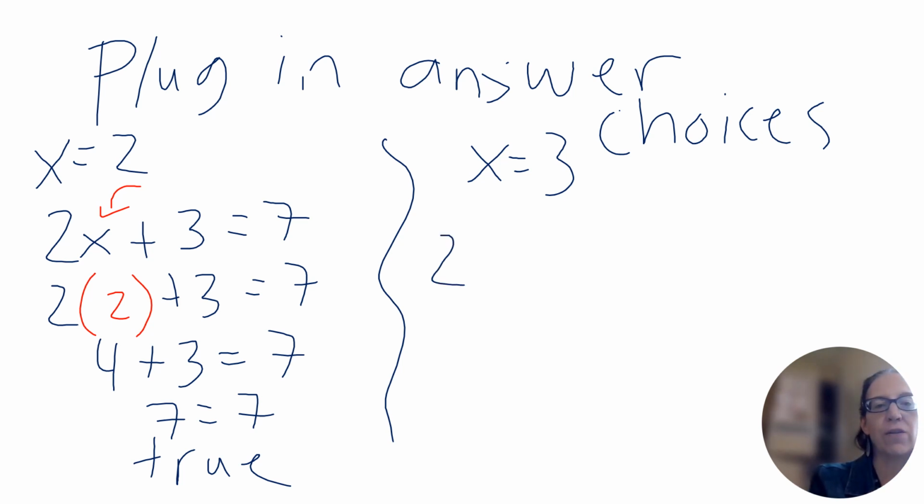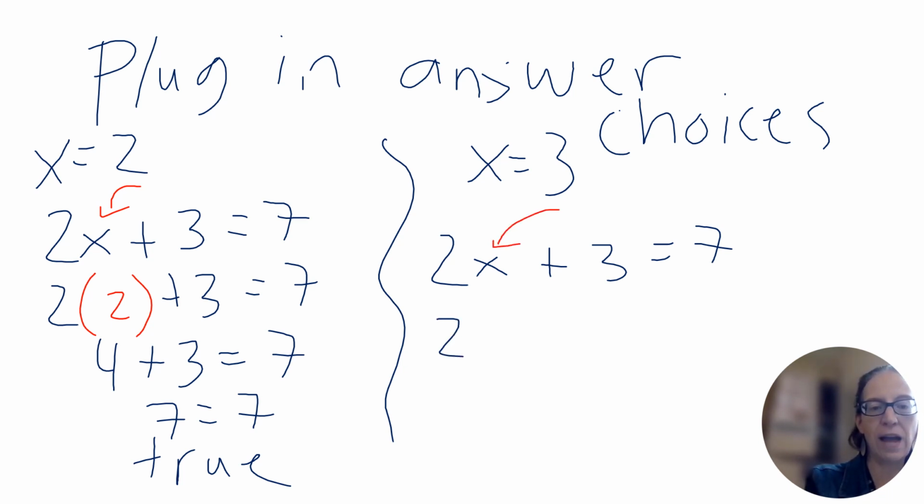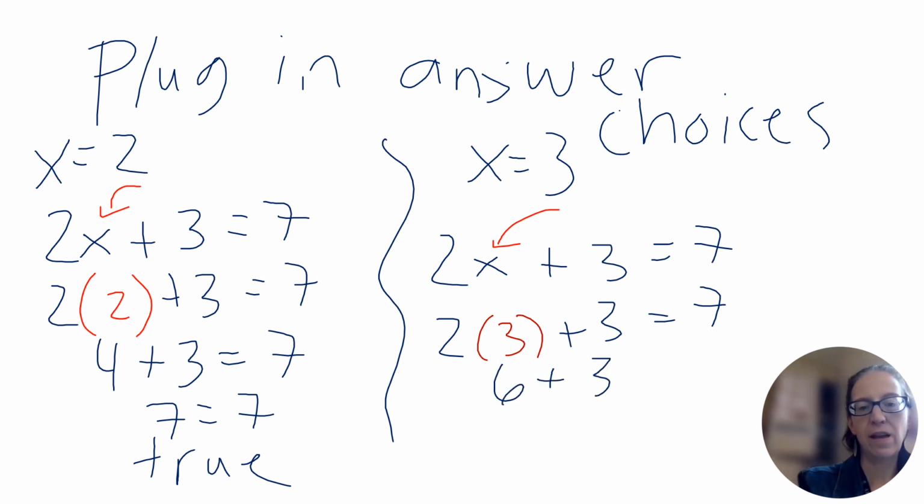Well, you want to know if x is a solution. And so you would plug 3 in for x. And 2 times 3 is 6, and 6 plus 3 is 9.